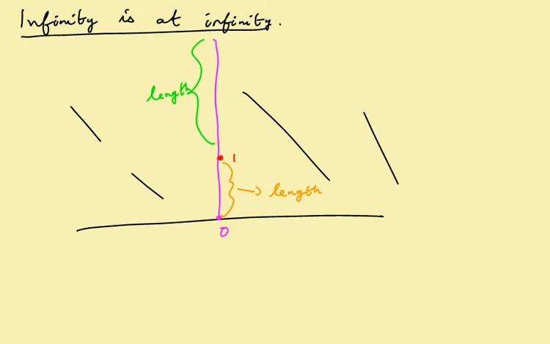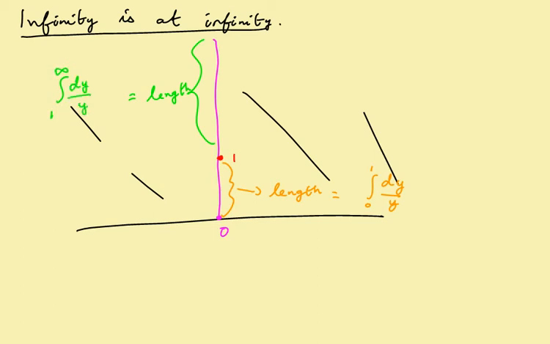Well, let's calculate these lengths. Remember what they are. This is integral from 0 to 1. If I take this path of length 1, dy, Euclidean case it would just be this, but you divide it by y. Okay, and in the other situation the green length in question is integral from 1 to infinity of dy by y.